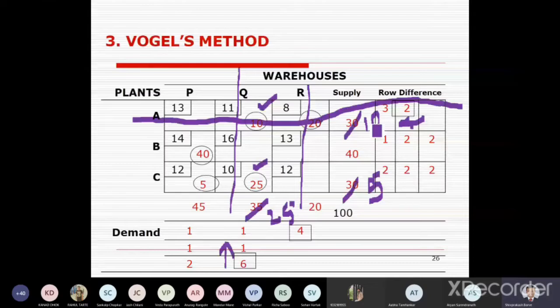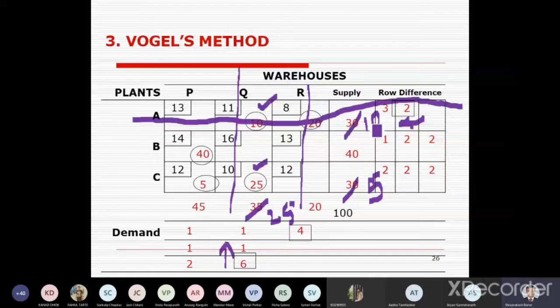Once all these units are shifted from the plants to the warehouses and there are no units left to shift, you have to check whether it is a feasible solution, whether it follows the rule m plus n minus 1.